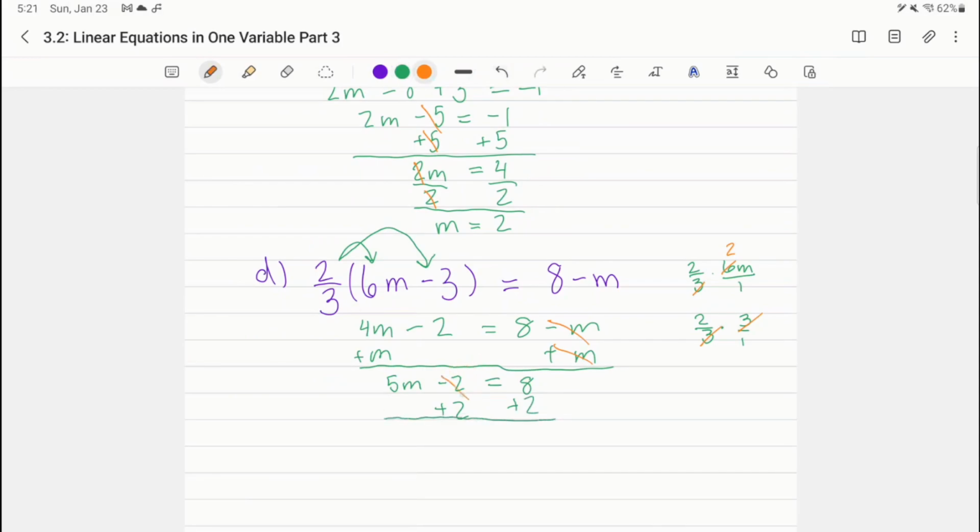The negative 2 and positive 2 cancel out, leaving us with 5m equals 10. And last but not least, divide by 5. The 5's cancel out, leaving us with m equals 2. So we get the same answer as we did in C.